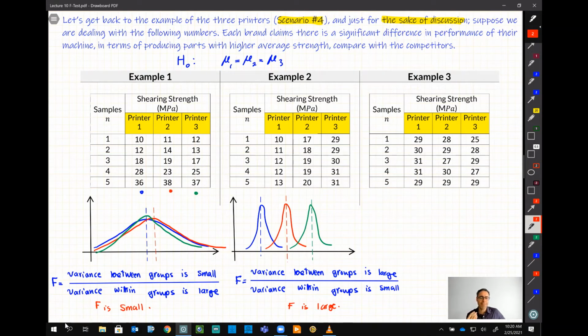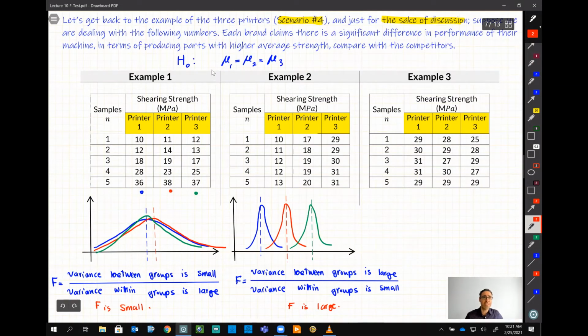You calculate this value of f. If it is small, you reject your null hypothesis. If it is large, you accept your null hypothesis. Or I said it the opposite way, right? Yeah, so let's say it again, sorry. If f is small, you accept your null hypothesis.